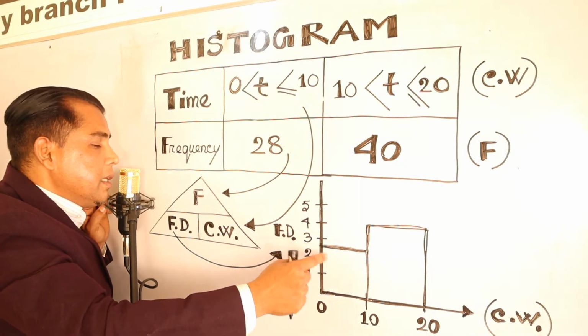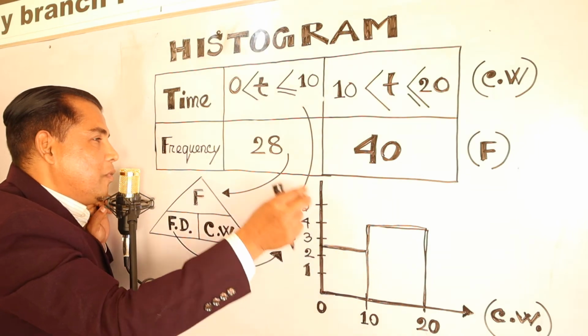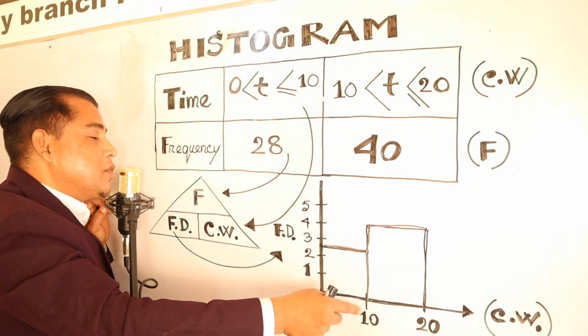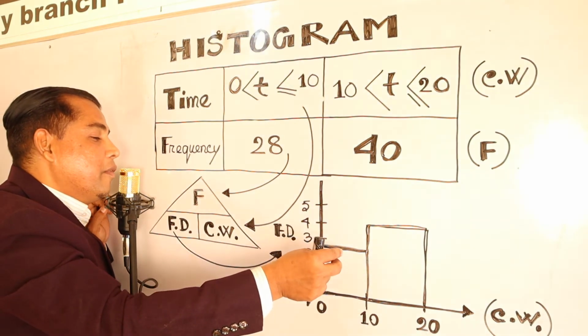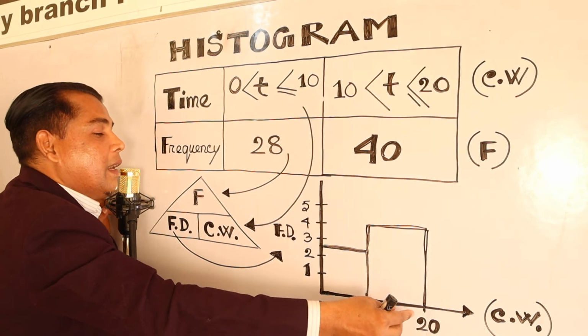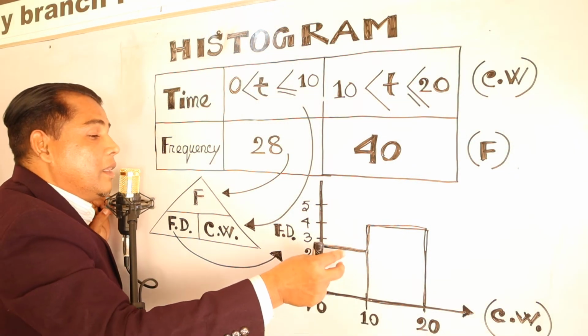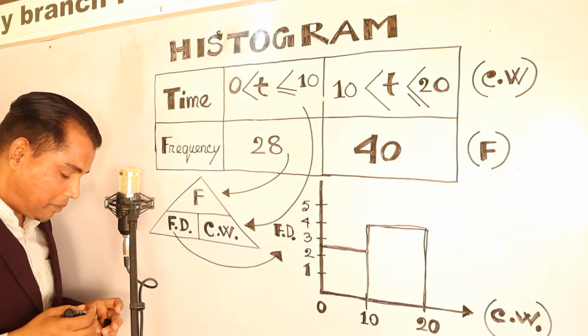If you multiply this 10 and 2.8, you get 28. So for getting the frequency, this part and that part has to be multiplied. For getting frequency density, frequency has to be divided by the class width. For getting the class width, this part has to be divided by frequency density.